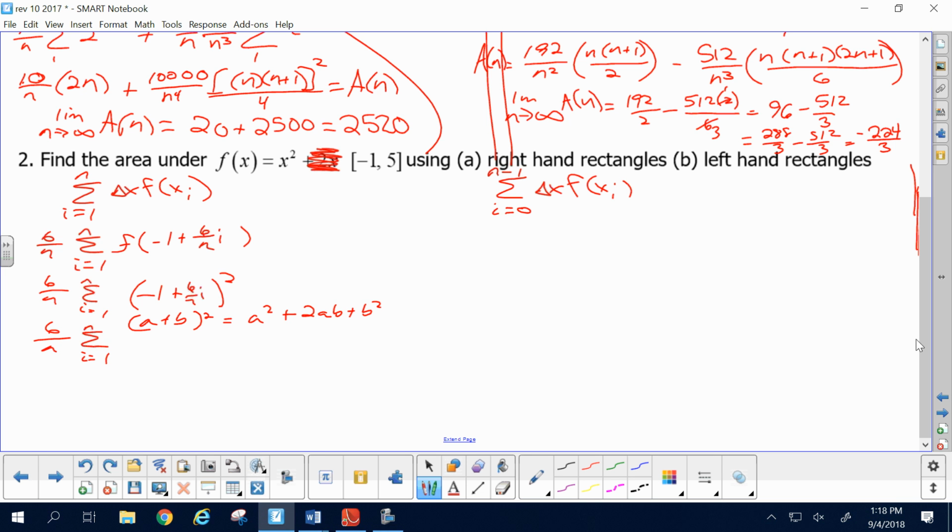First, negative 1 squared, which is just 1. Then 2 times negative 1 times 6 over n times i, and b squared, which is 36 over n squared times i squared. Correct?